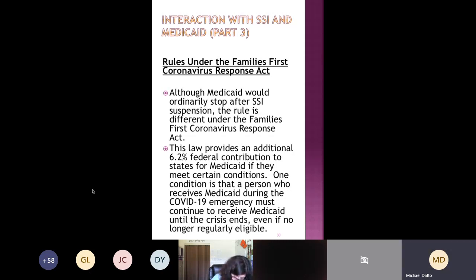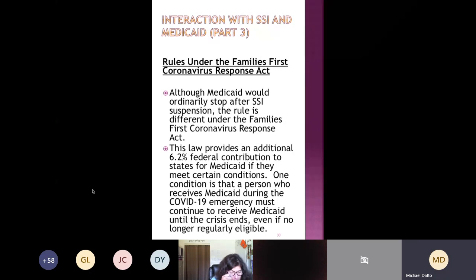Under the Medicaid program, Medicaid is a partnership between the federal government and state government. The federal government pays a certain percentage of the cost for a state's Medicaid program. That state pays the rest. And the percentages are different from one state to the next, but it's generally a set amount.